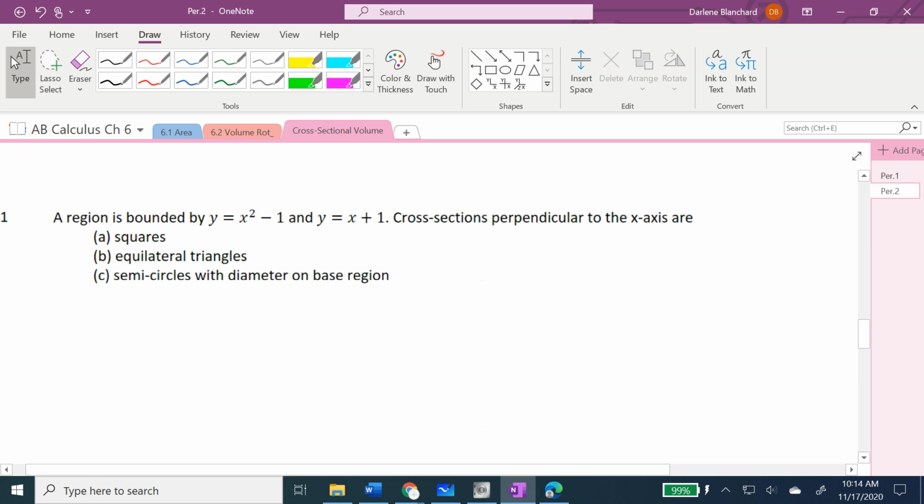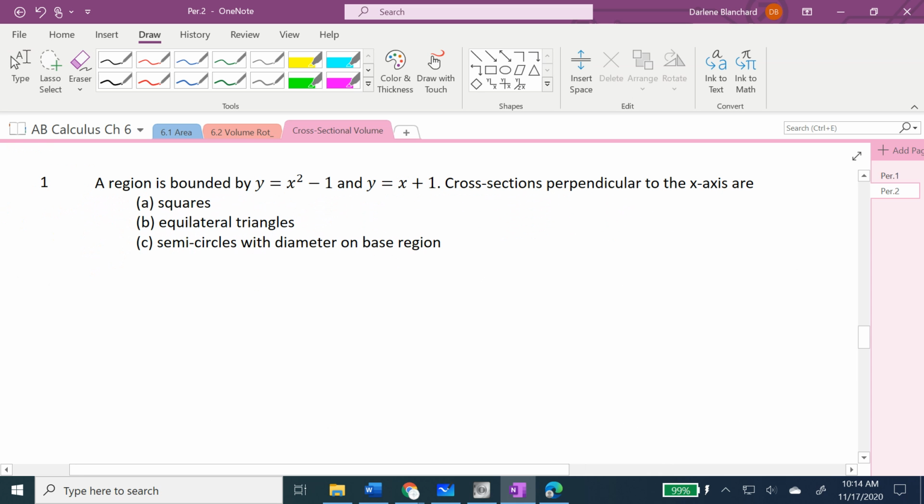So know that you have to be told whether your cross sections are perpendicular to the x-axis or perpendicular to the y-axis. So while this is problem number 1, number 2 is going to be perpendicular to y. You need to be ready to deal with this either with or without a calculator.